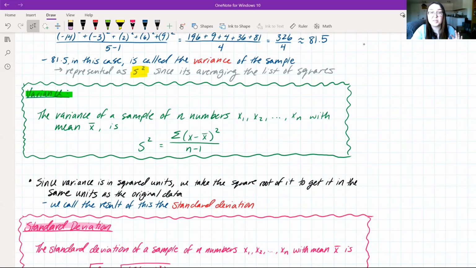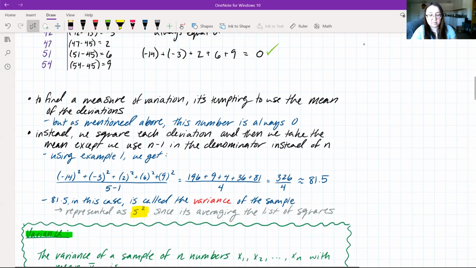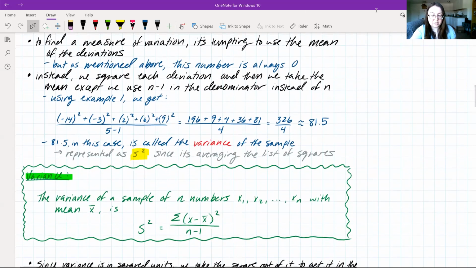Now, this looks a little strange, but we have the sum here, and this just means that we're taking the sum of all of our deviations squared. It's the exact same thing that we did in this example here.